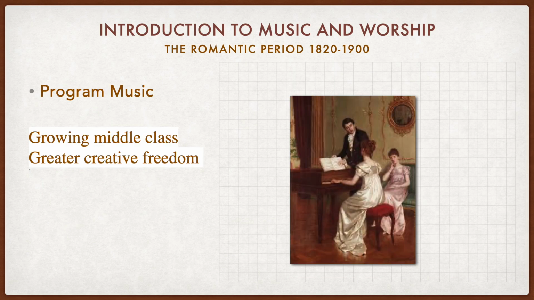Another change was to the standardized orchestra. The Romantic orchestra grew significantly to include a wider variety of instruments. And while classical music was predominantly absolute music, music for its own sake, Romantic composers increasingly embraced program music, which was music that told a specific story or depicted a particular scene.